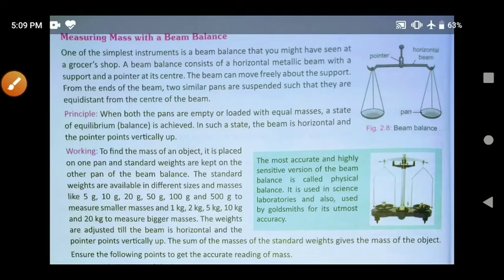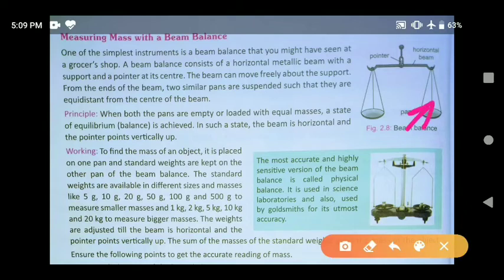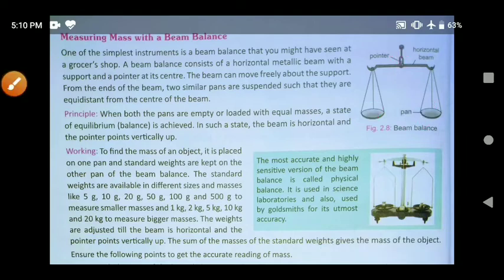The weights are adjusted till the beam is horizontal. One by one we keep different standard masses here and compare with the object. When the pointer points exactly vertically up, the sum of the masses of the standard weights gives the mass of the object.